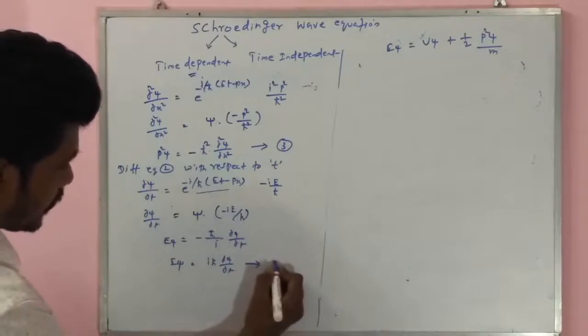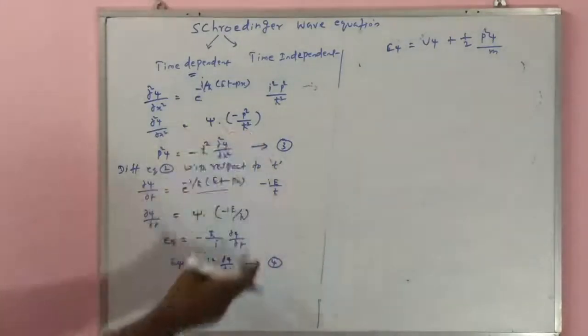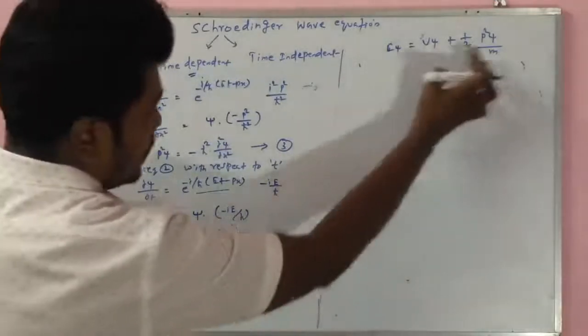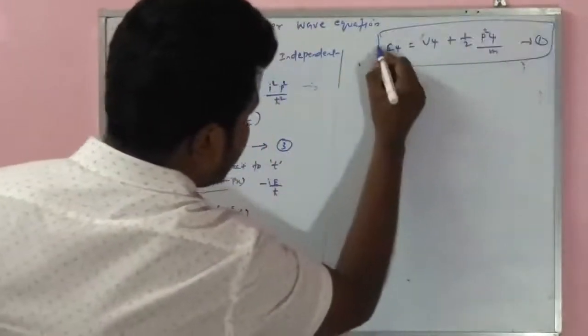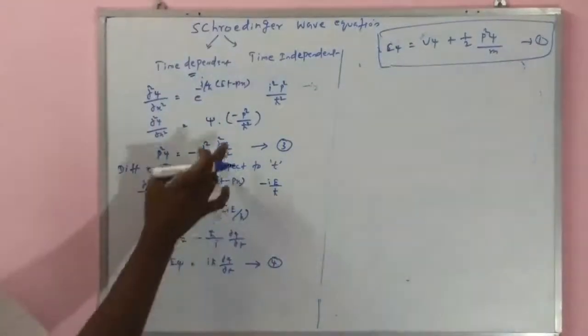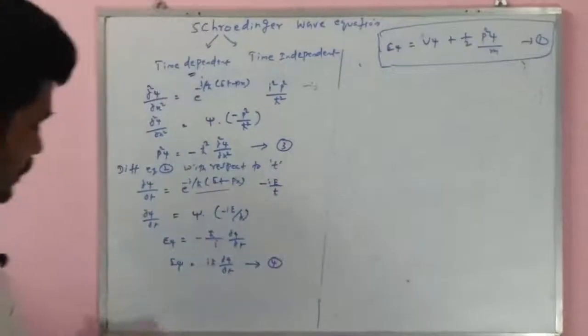Now this is equation number 4. Now in equations number 3 and 4, substitute equation number 1. So what is the E of ψ value?